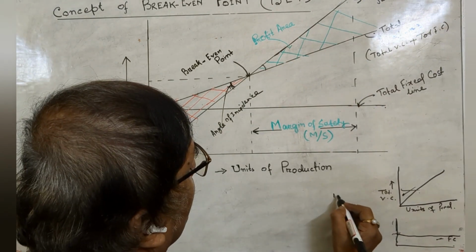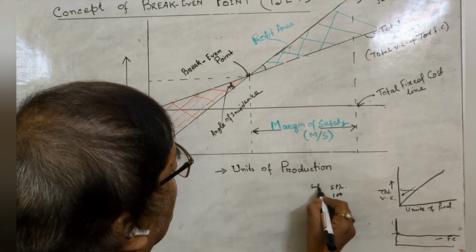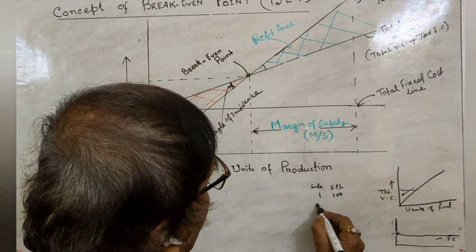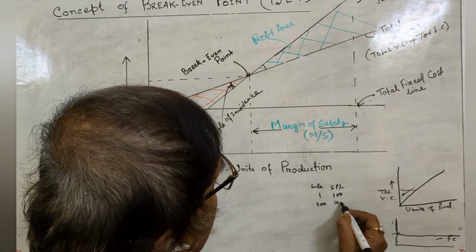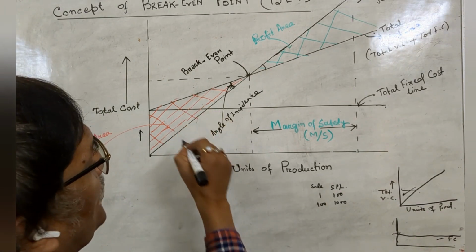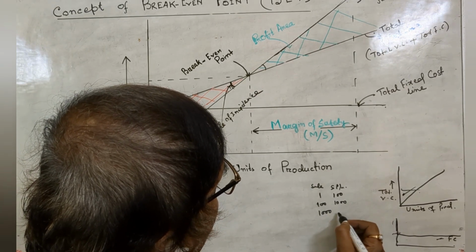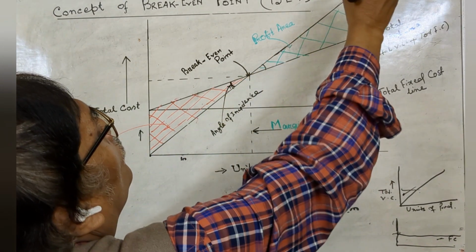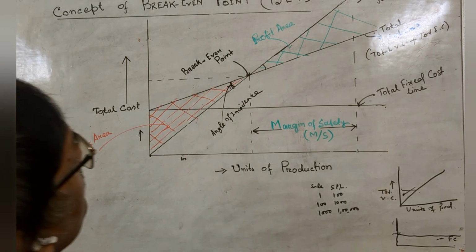If you sell 10 units at 100 per unit, the total sale will be 1000 rupees. In this way, if you sell 1000 units, then the total sale will be 1 lakh. In this way, the sales line will increase proportionally with the increase in production.